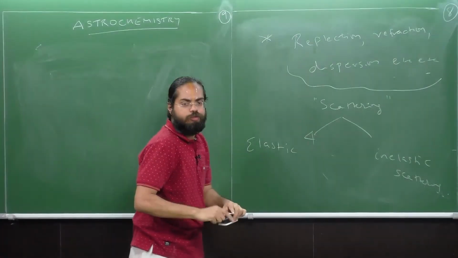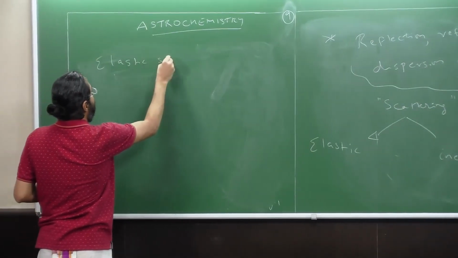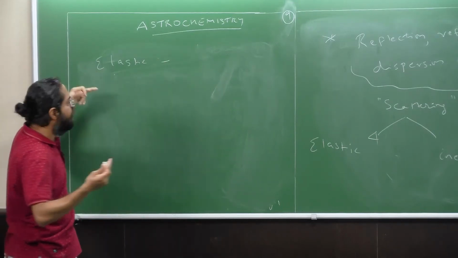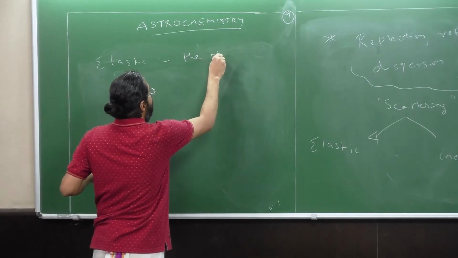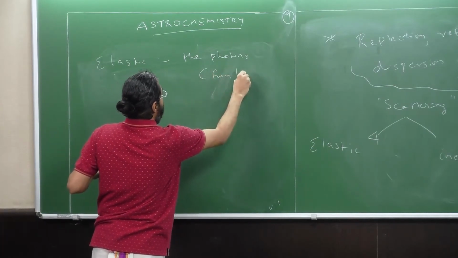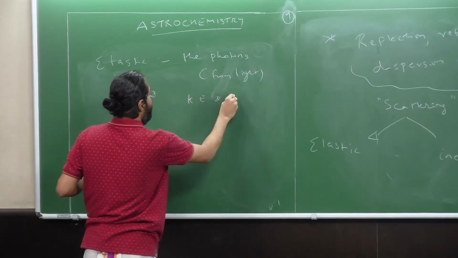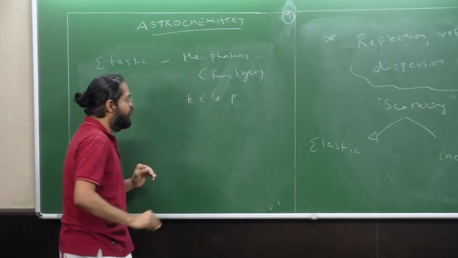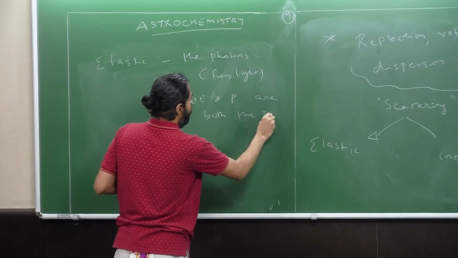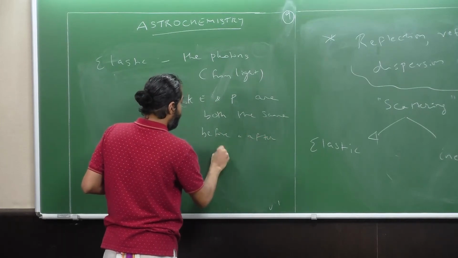So please note that in elastic scattering, the photons from the light, their kinetic energy and momentum, I'm just generally writing it as P, are both the same before and after interaction.